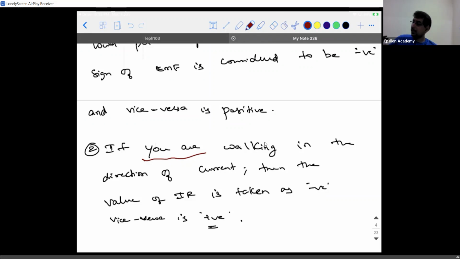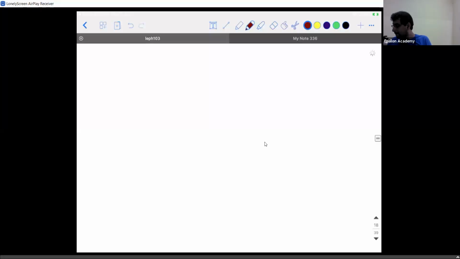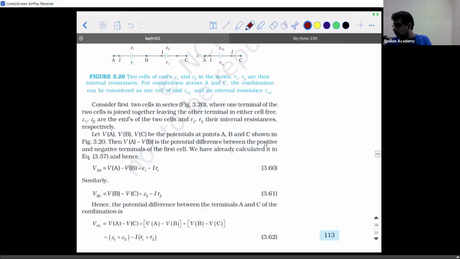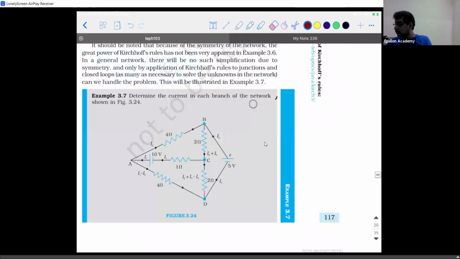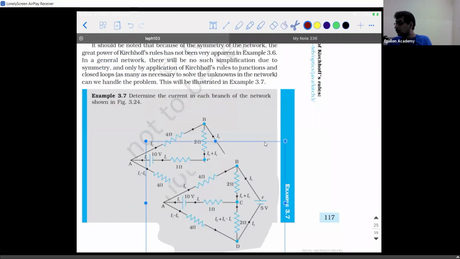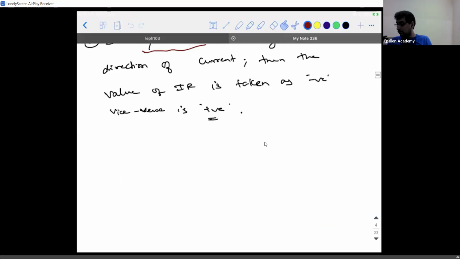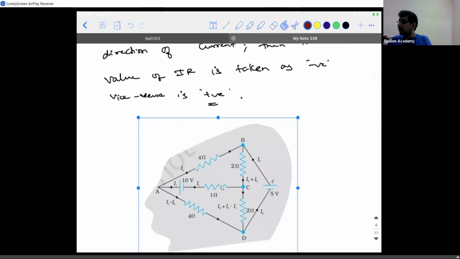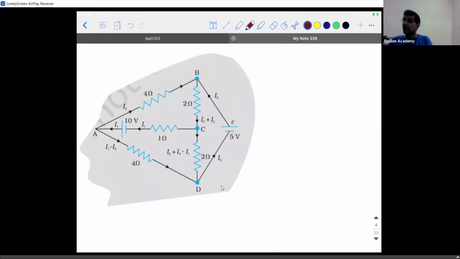Now listen to this carefully. Let's do a problem based on this. In this example problem, our job is to find the current through each resistor.